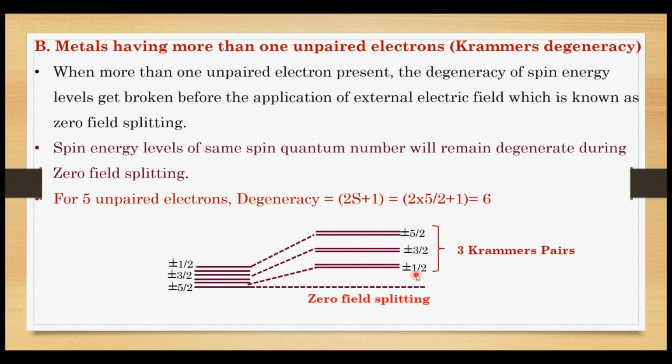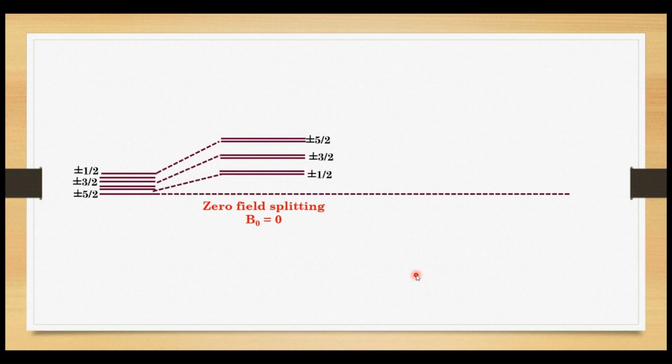Now we have to consider how many lines we will get. That is what we have to discuss. Here degenerate levels will be there. So before applying the field, it will split into some sets of lines, and that is known as Kramers degenerate levels, or Kramers pairs.